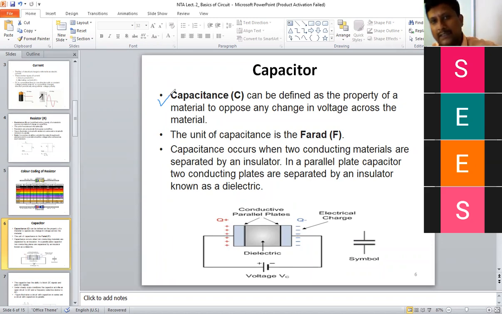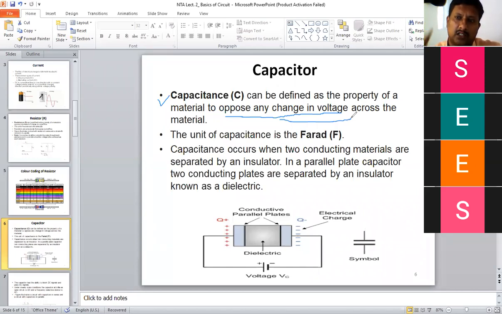So capacitance can be defined as the property of the material to oppose any change in voltage. So it needs what? Constant voltage. If the constant voltage is there across the capacitor, it will charge smoothly.